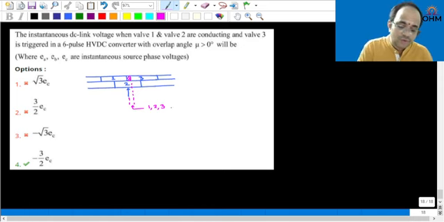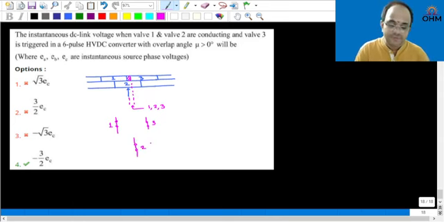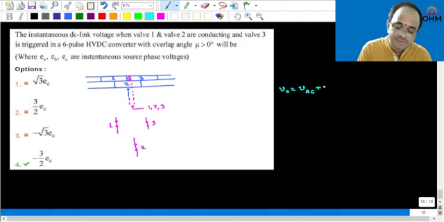So, when 1, 2, 3 devices are in conduction, 1 is in the upper half, 3 also in the upper half, and 2 is in the lower half. In this case, you can write output voltage is equal to (VAC plus VBC) divided by 2.